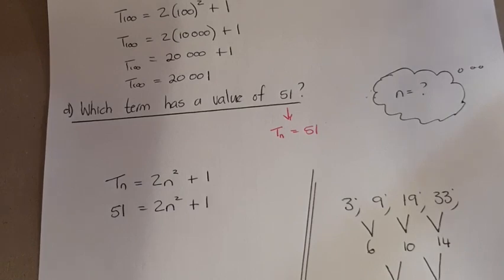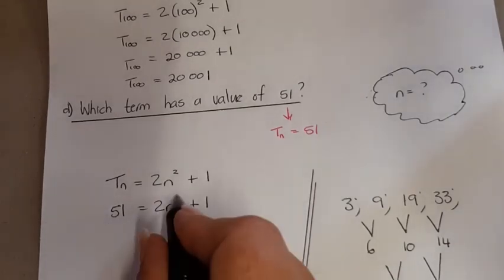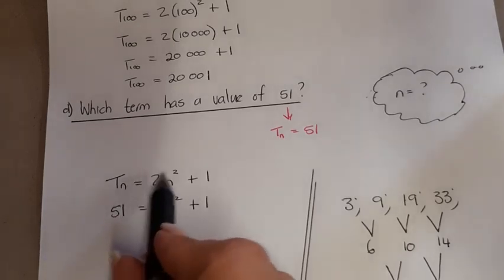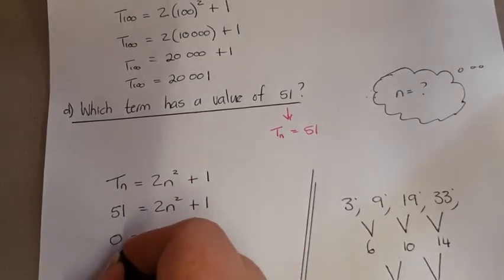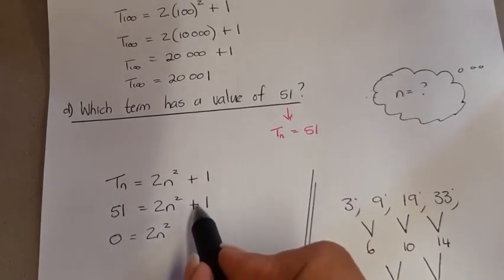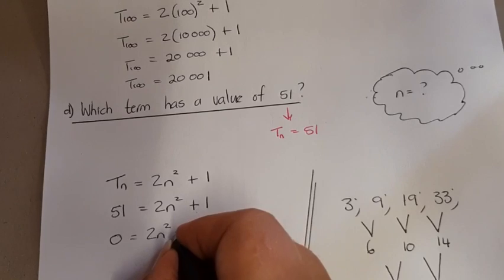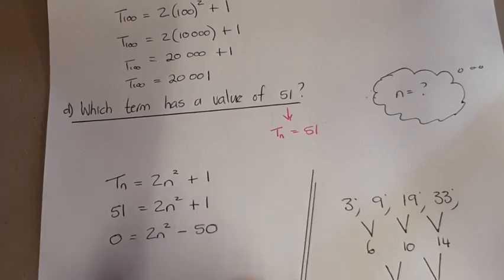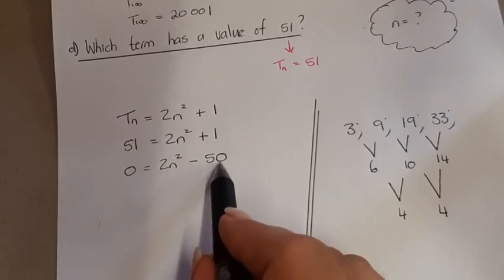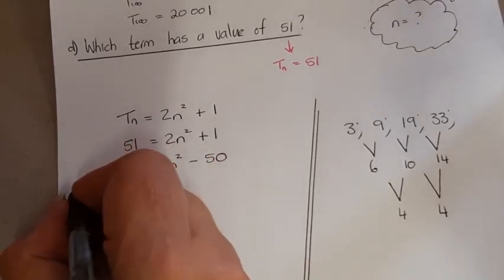Now I must solve for n, so I can see it's a quadratic equation. I take the 51 over the equal sign, and I get 2n squared plus 1 minus 51, which will give me minus 50. I can now divide by 2 on all the terms.